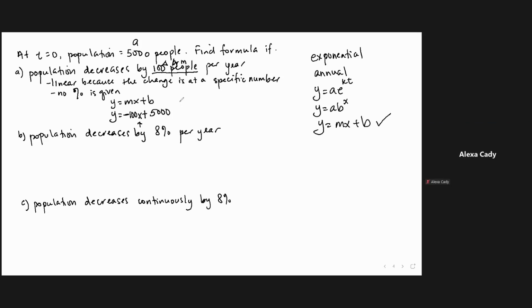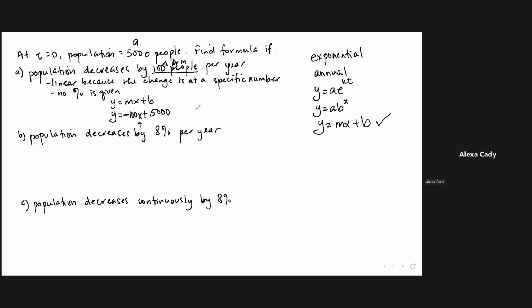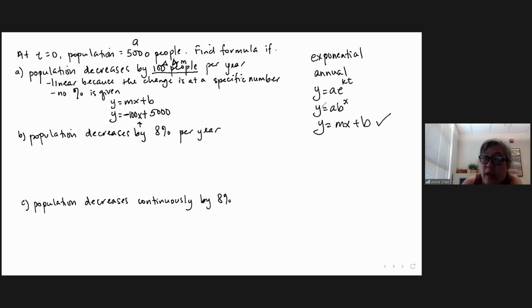If you go back to your notes, I didn't go into this one in detail, but if they give you exactly a number, it's a linear change. If they give you a percentage, then we have something to think about. So y equals a e to the k t and y equals a b to the x are both exponential growth or decay.